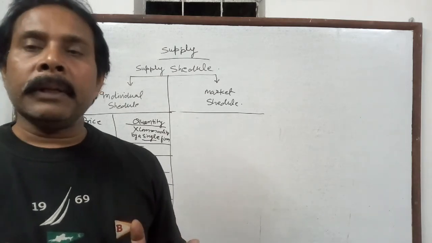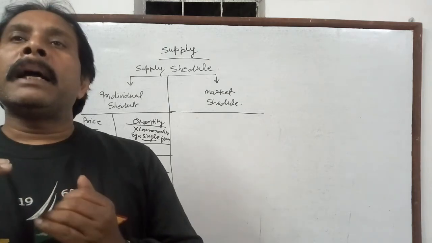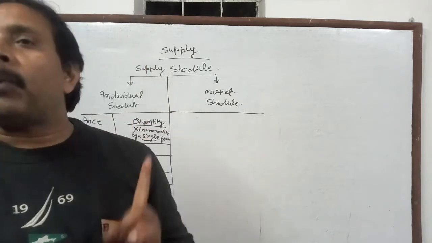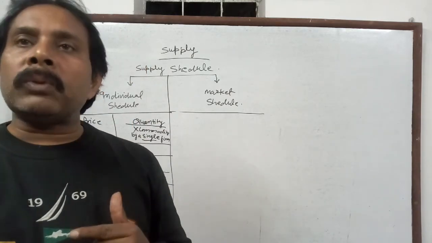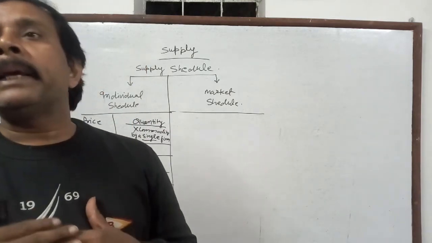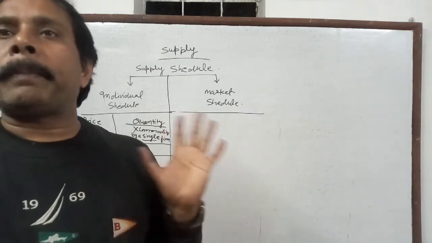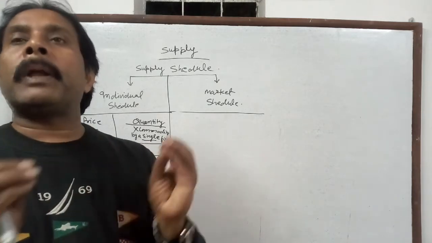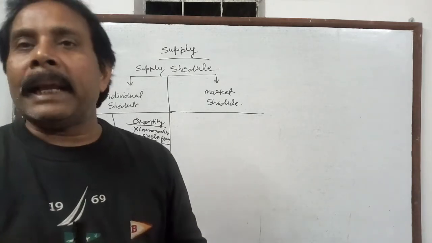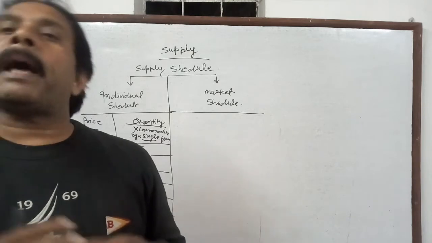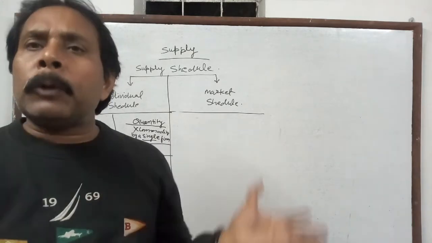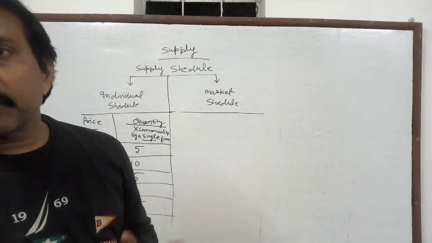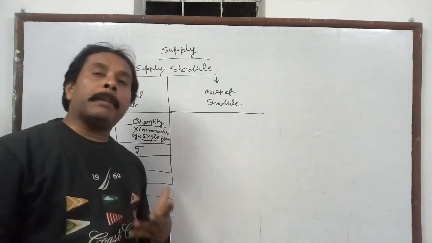Listen once again, the difference between the individual supply and the market supply is a single word. In case of individual supply, we will say that a particular firm or a particular producer is willing to sell, and in case of market supply, we will say all the producers are willing to sell the various levels of quantity at various levels of price.